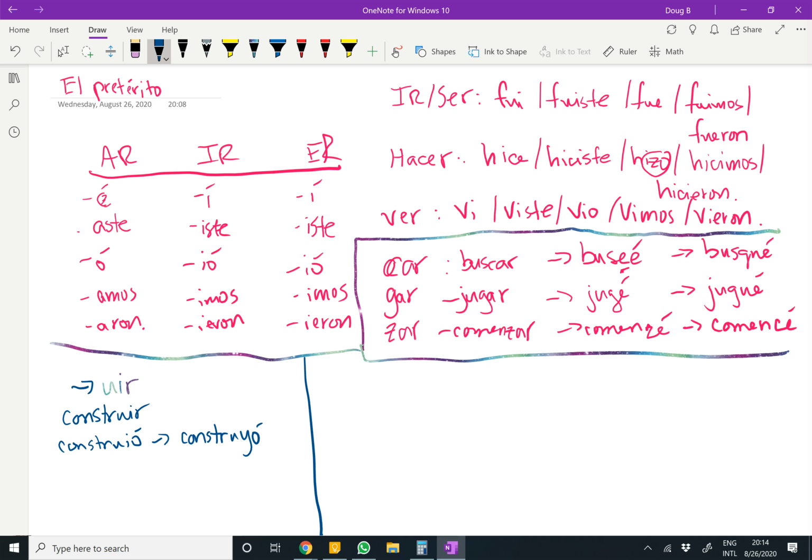Then there are a whole bunch of verbs that don't really fit into a pattern. Andar is one of them, whose stem changes to anduv. Estar changes to estuv, decir changes to dij, etc. If you look these up, they all have the same endings.